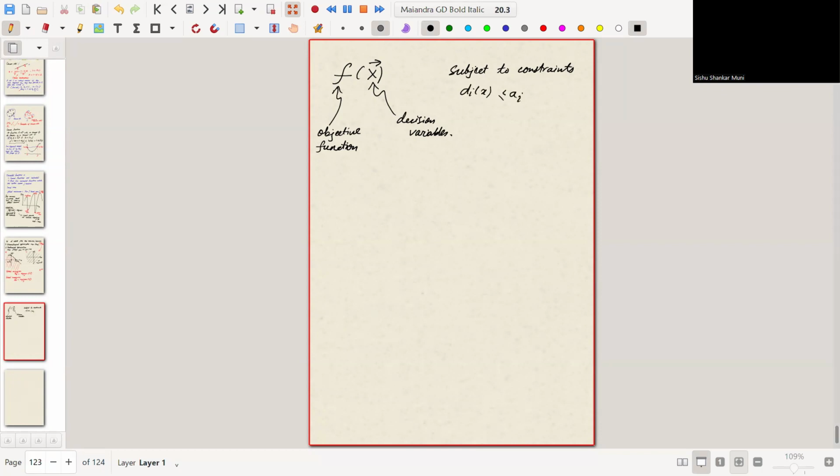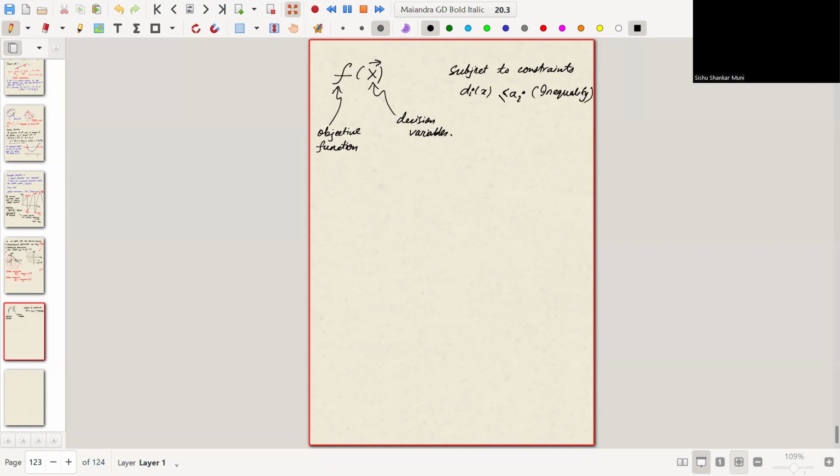This is one of the constraints you might see, a less than or equal to constraint. What is the purpose of keeping an i here? It says that there might be a lot of inequalities like this. So here we have an inequality, not an equality. Like I gave you an example, x plus y less than or equal to 0.5. So this constraint is an inequality constraint.